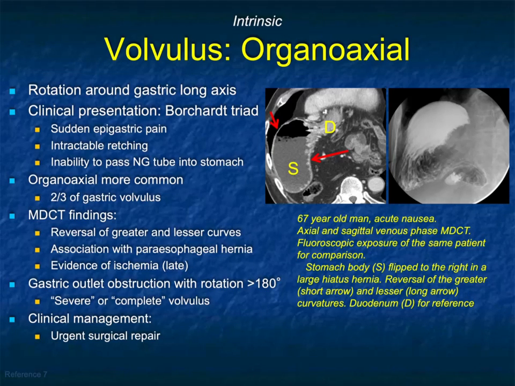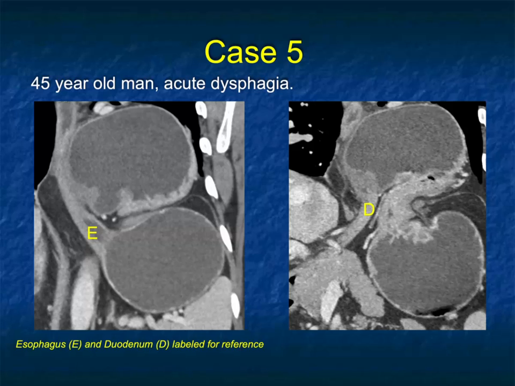There's typically on CT reversal of the greater and lesser curvatures. There's association with a paraesophageal hernia, and there can be evidence of ischemia, particularly if the diagnosis is late. You may see air in the esophageal wall or in the gastric wall. Again, these patients will go to surgery. It's an urgent, do not pass go, go directly to surgery.